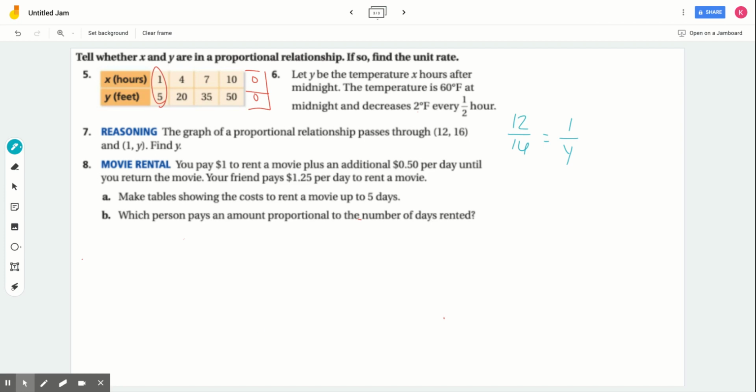Take a minute to do so right now. As we use this method to solve, we know that 12 times y is 12y and 16 times 1 is 16. We divide both sides by 12, and we can reduce or simplify. 16 divided by 12 is 1 and 4/12, which is equal to 1 and 1/3. So we can say the value of y will be 1 and 1/3.